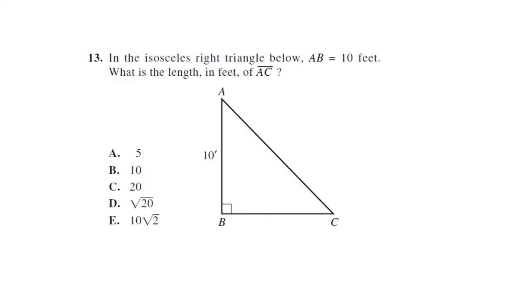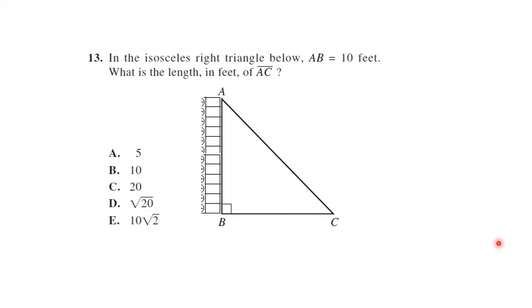Number 13, in the isosceles right triangle below, AB equals 10 feet. So we know 10 feet is this side right here, and we want to know what is the length of AC. We don't have the length there, so we either need to know the mathematical technique or have a measurement technique. So we're going to use our answer key with that little bubble sheet at the top, and lay that along the side we know is 10.